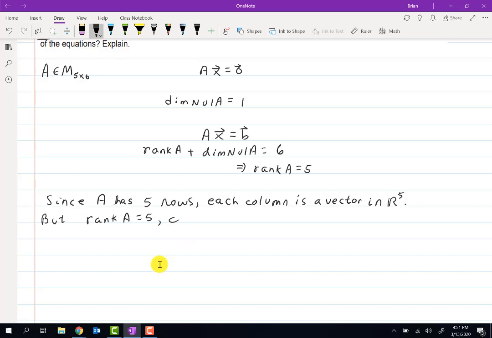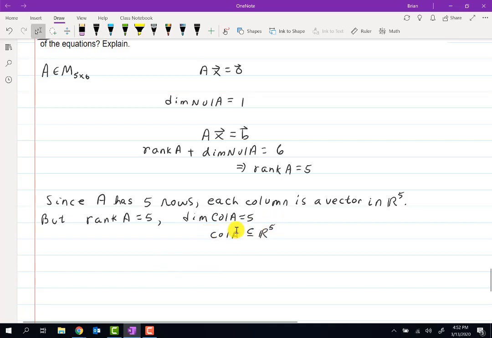So what does it mean then? That means the dimension of the column space of A equals 5, but the column space of A is a subspace of R to the 5. But the dimension of R to the 5 is 5.